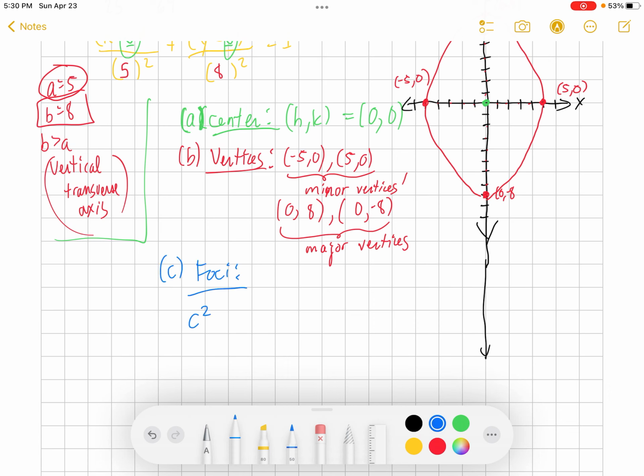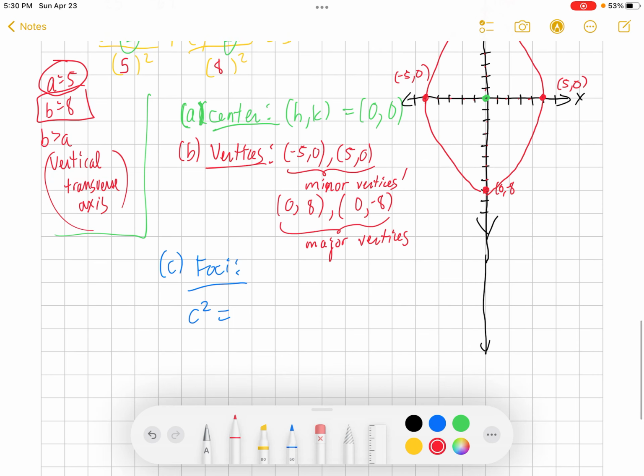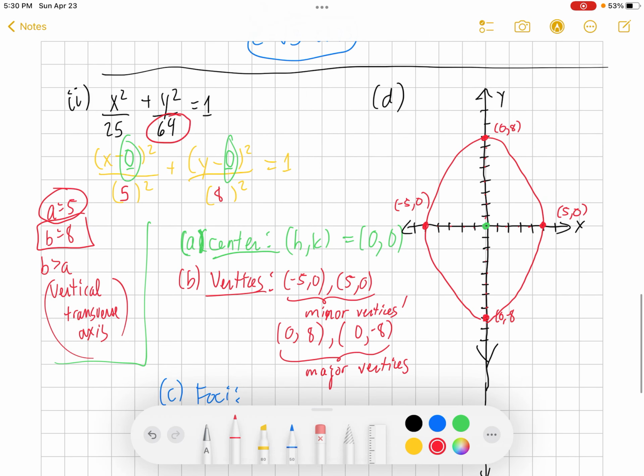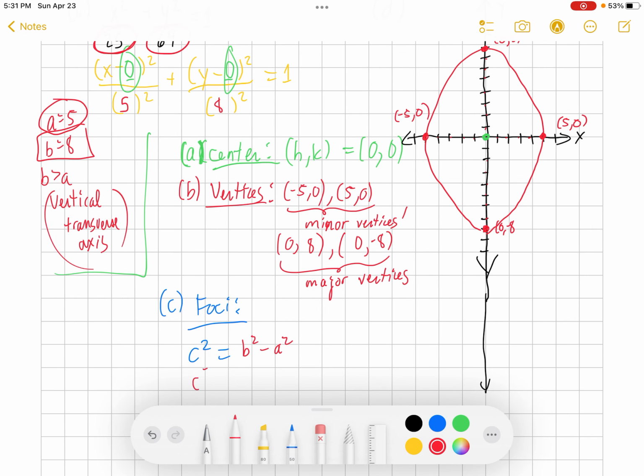Okay, next thing to do is find the foci. So to find the foci, we have to find a value called c. Remember, c squared is, in this case, going to be b squared minus a squared, right? You take your larger square minus your smaller square.